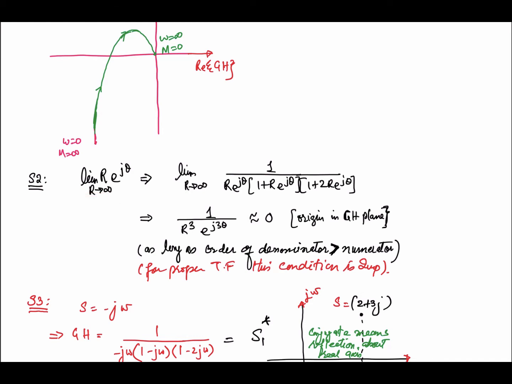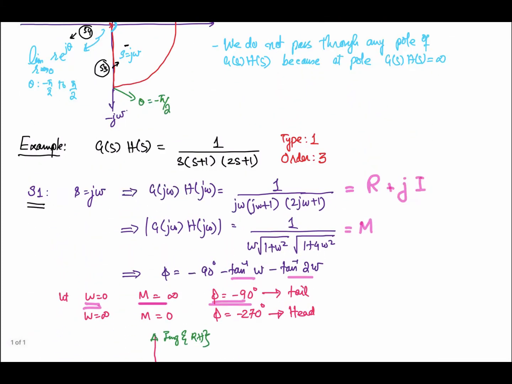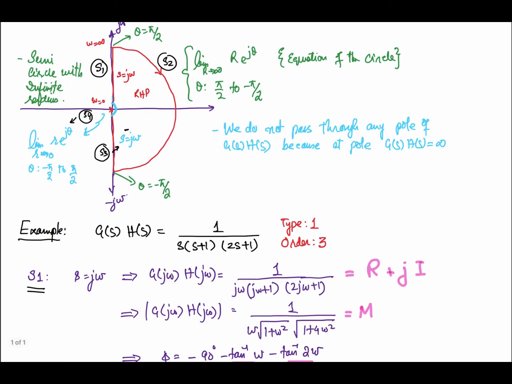So we are going to consider that S is equal to this part. All the points will be considered from this semicircle. So we will be taking all of these points which are over the semicircle, and we are going to place them in the sinusoidal transfer function, and then we are going to observe what we get in the GH plane.